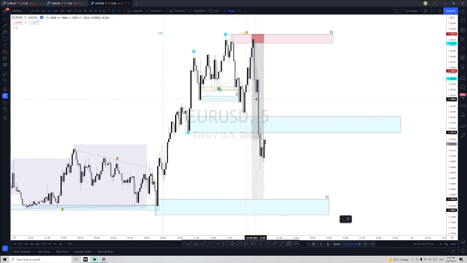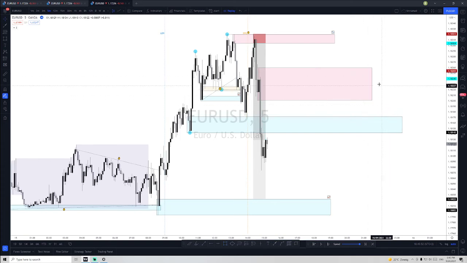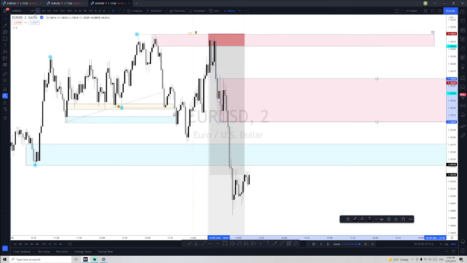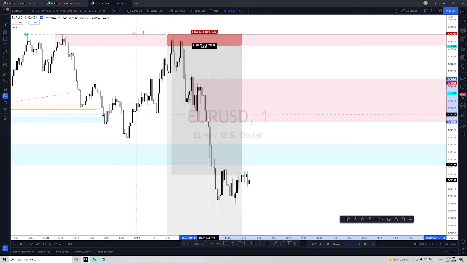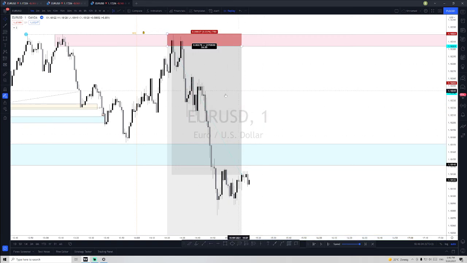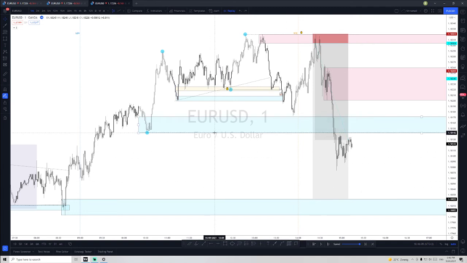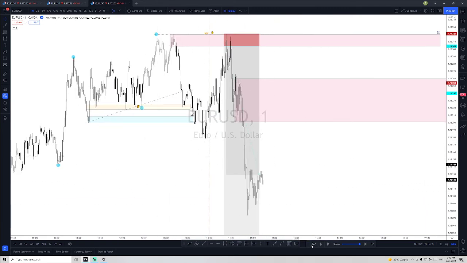So getting back into this new area of supply, again, very big zone. Let's see if we could dial that out. No. Nah, not really.